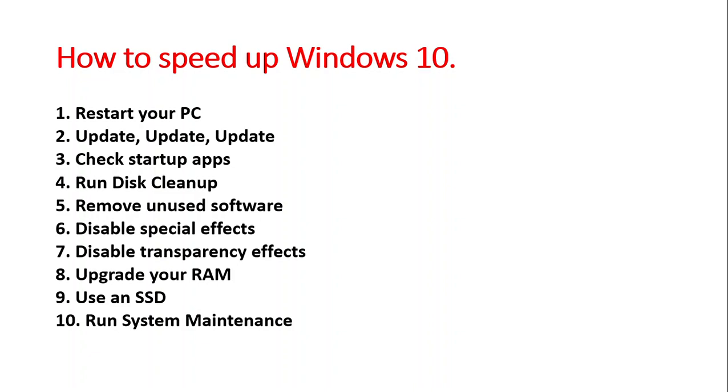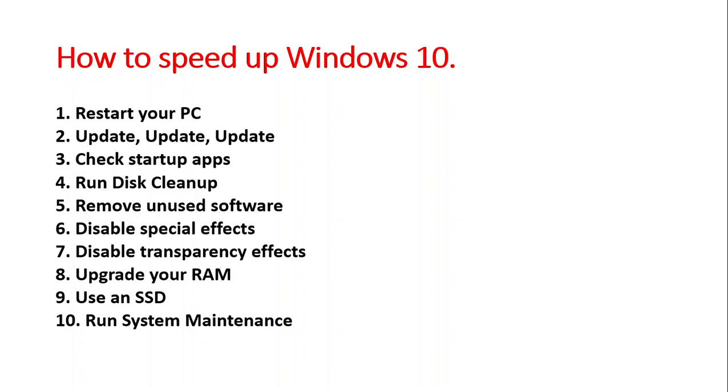The next one is disabling the special effects. Windows 10 is rather heavy on the special effects side, so it's better to disable the visual effects. If you think that your system performance is low, you need to disable the visual effects.